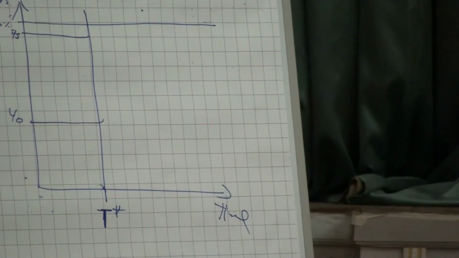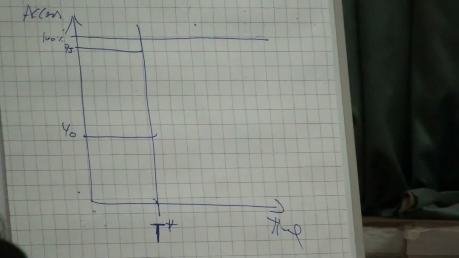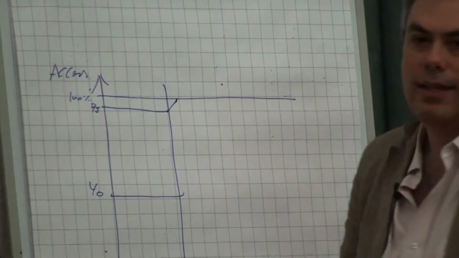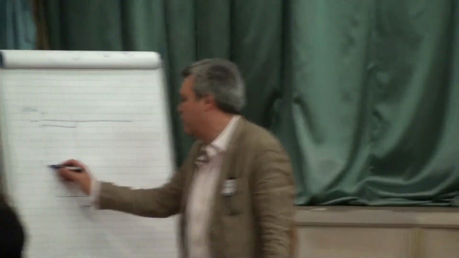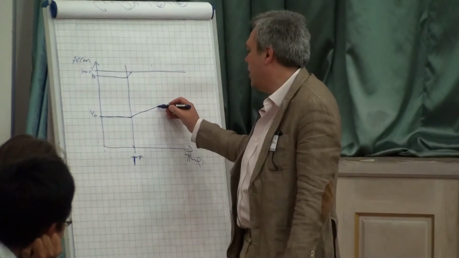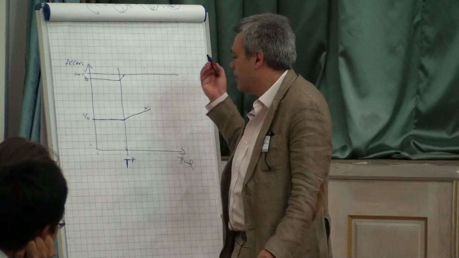So what's going to happen? This cannot go up. It cannot go up. This one can go up, even if it goes up only 10%.